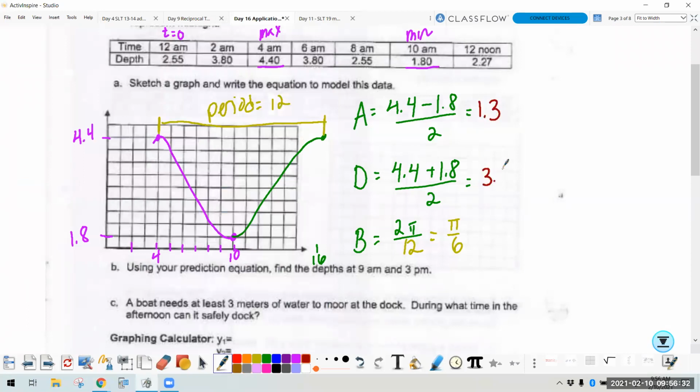The midline is 3.1. Again, I'm going to pick a cosine graph. I don't know where the midline and what time that happens at. I'm going to pick a cosine graph and shift to the right 4 because that's where this first maximum is. So we got y equals a cosine b x to the right 4 plus midline.